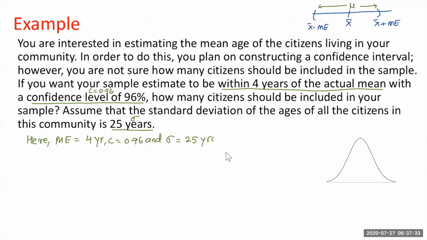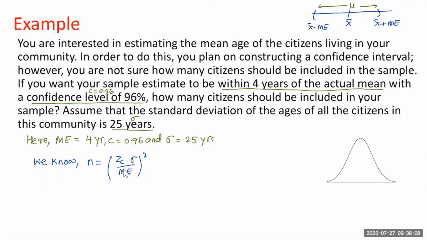So after we have this information, we want how many citizens should be included in your sample. Meaning of that is we want the sample size. If you go back to your previous slides or your notes, you'll see that the formula to find the sample size n is equal to z sub c, or z alpha over 2, which is the same thing, multiplied by sigma, divided by the margin of error, all squared.